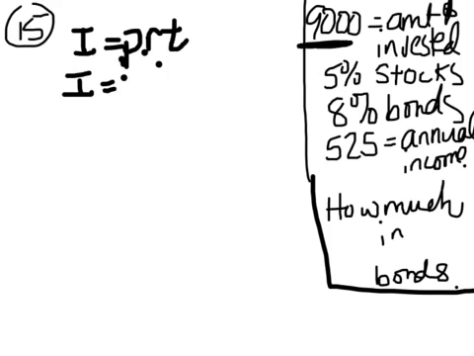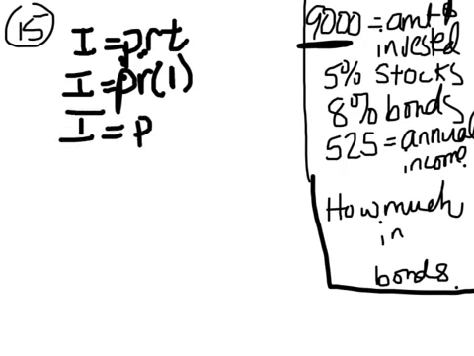Rate is like your percentage rate. But here, our time is just 1 year, so the interest we would earn from something would be the amount we invested times the rate. Except that he didn't just buy one thing, did he? He bought some stocks and he bought some bonds.